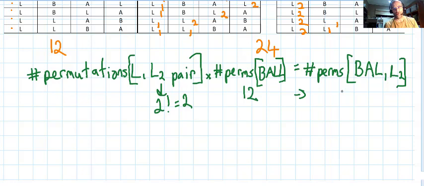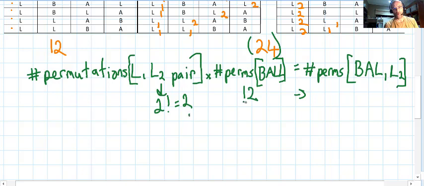Now we also saw with direct reasoning above that it was 2 times 12, which is 24. Or we can see that it's 4 factorial because we have 4 distinct objects, and that's a permutation. So 4 factorial is 4 by 3, which is 12, by 2 is 24, by 1, which is 24.